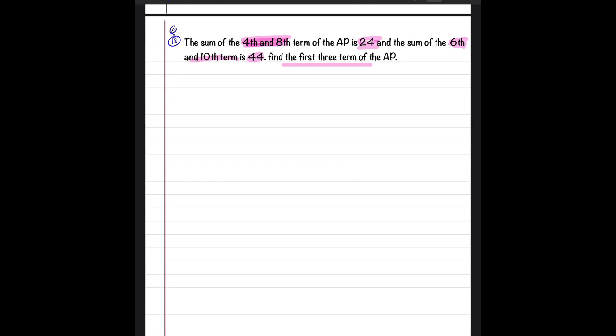Okay, so student, here I will write down the equations. The sum of the 4th and 8th term is 24: A4 plus A8 is equal to 24, and the sum of the 6th and 10th is 44, that is A6 plus A10 is equal to 44.